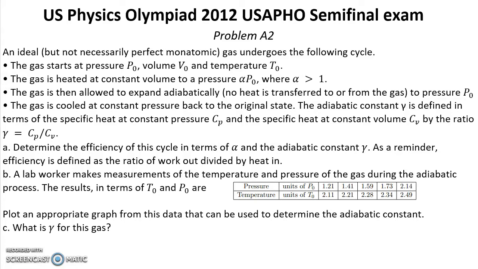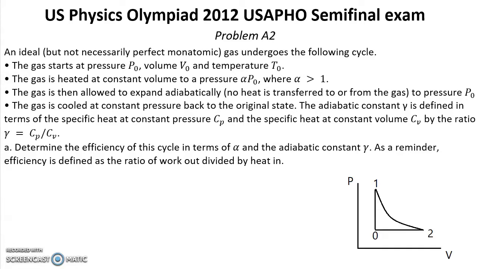As a reminder, efficiency is defined as the ratio of work out divided by heat in. B. A lab worker makes measurements of the temperature and the pressure of the gas during the adiabatic process. The results in terms of T0 and P0 are in this table. Plot an appropriate graph from this data that can be used to determine the adiabatic constant. C. What is gamma for this gas?